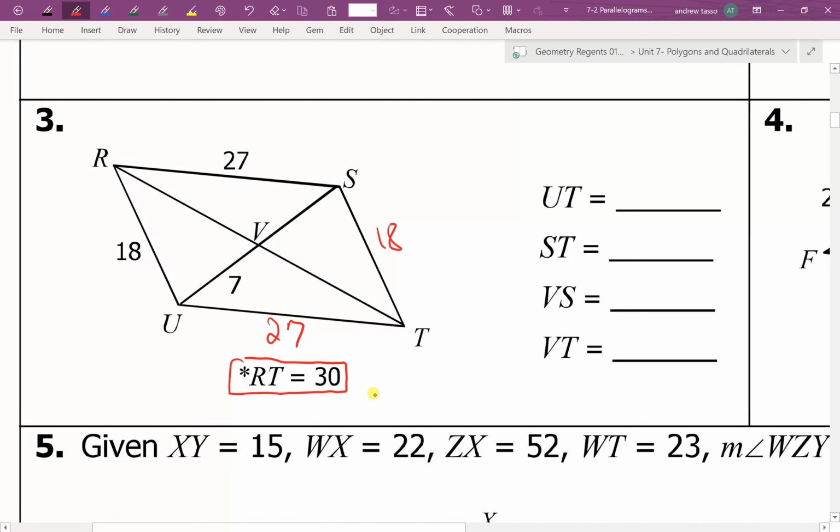And since the diagonals bisect each other, right, I would want to take 30 and divide it by 2. In other words, cut it in half. And that gives me 15. And so 15 would go for each part of RT, right? So RT extends from here to here. So if the whole thing is 30 and it's getting cut in half, that means that these pieces are equal, so they each have to be half of 30, or in other words, 15. Okay?